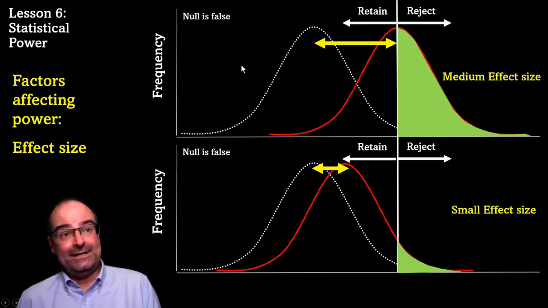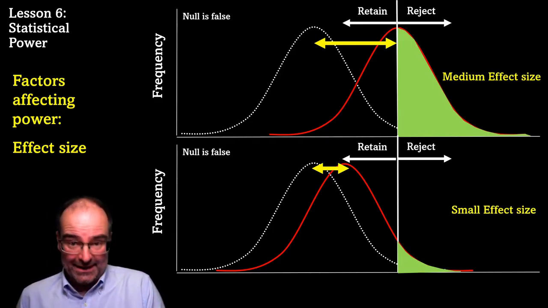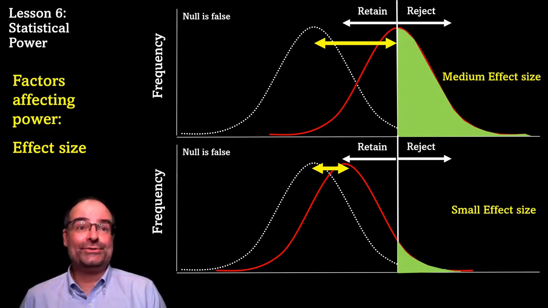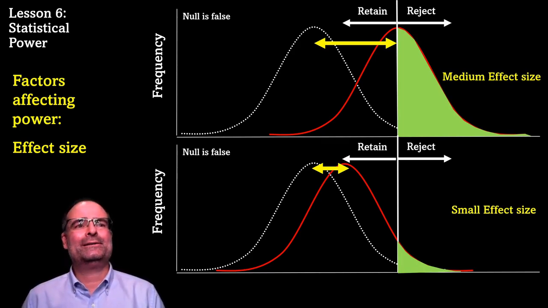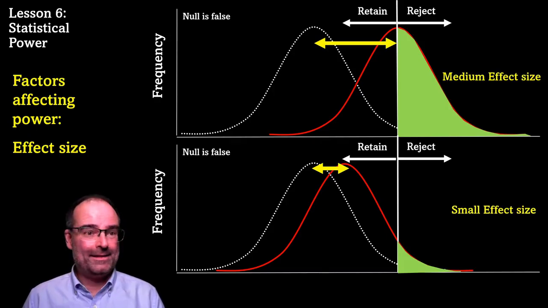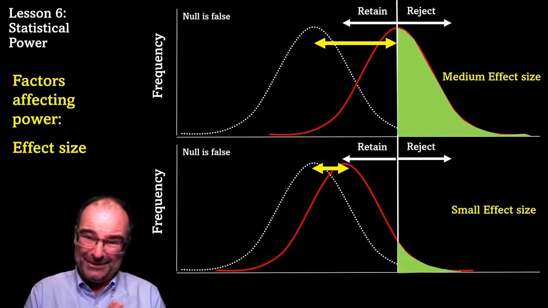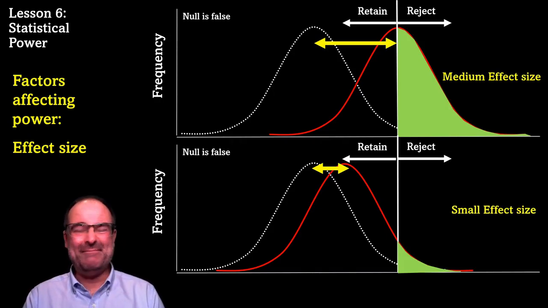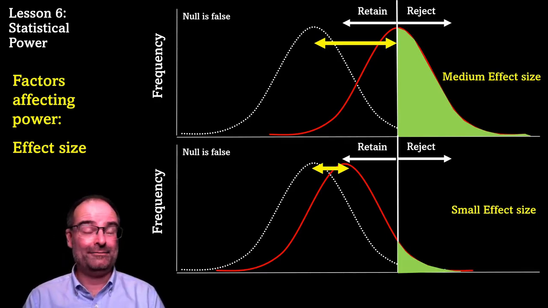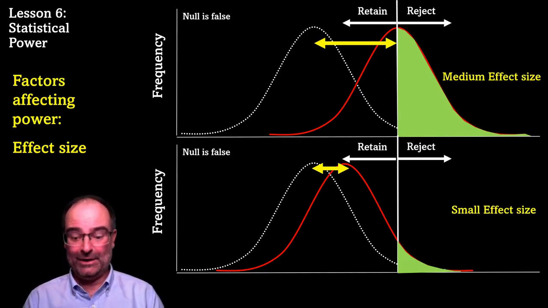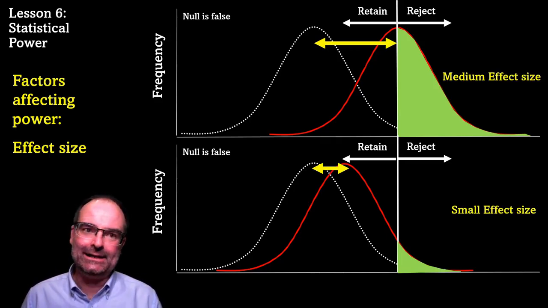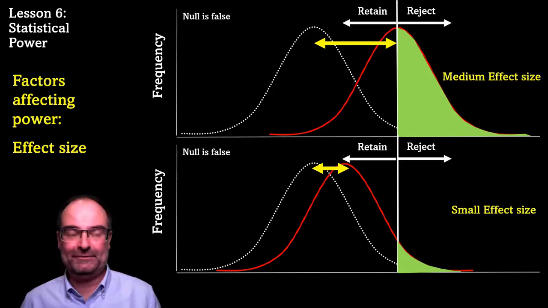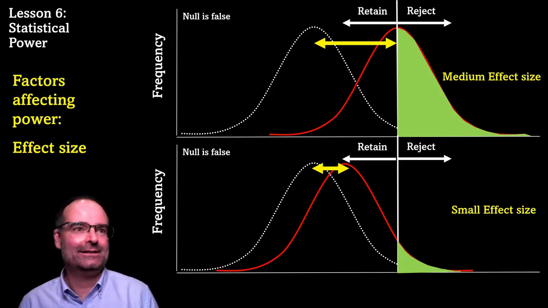You can see that when you're studying something that produces a medium effect size, power is much bigger than when you're studying something where it's a very small effect size. And that makes a lot of sense. The probability of you rejecting a null that's false when what you're manipulating in the study is having a big effect, of course that probability is going to be higher.